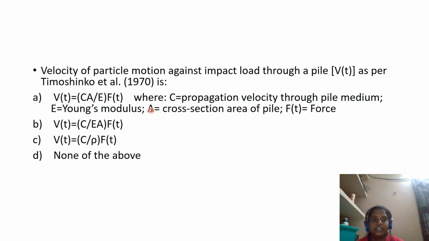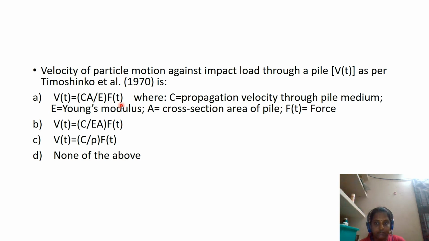We'll see some previous assignment questions. The velocity of particle motion against impact load through a pile, as per Timoshenko. So Timoshenko has given a velocity of particle equation based on the impact force. V of t equals C by EA, F of t.